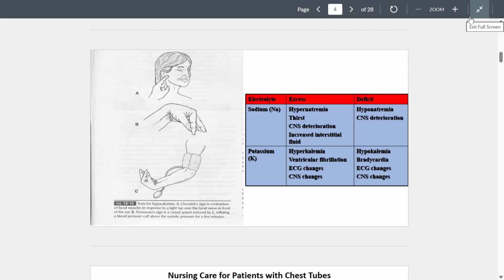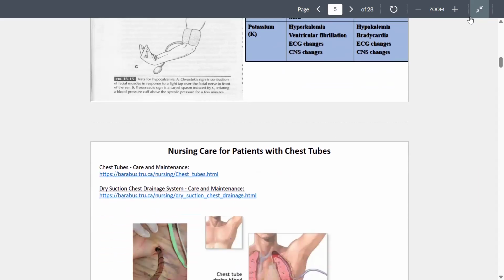I know that it's sometimes difficult to identify from the changes in the EKG, but the most serious and life-threatening is hyperkalemia, and it can easily be detected on the EKG strip as a tall peaked wave. So tall peaked waves are a sign of hyperkalemia and should be identified and corrected immediately.